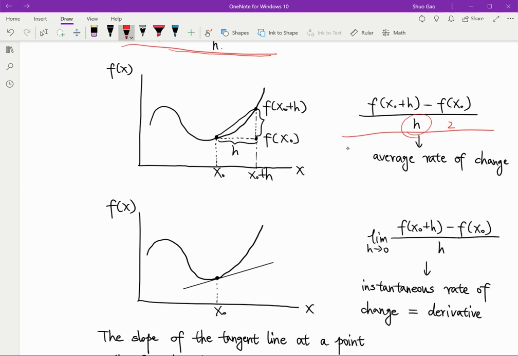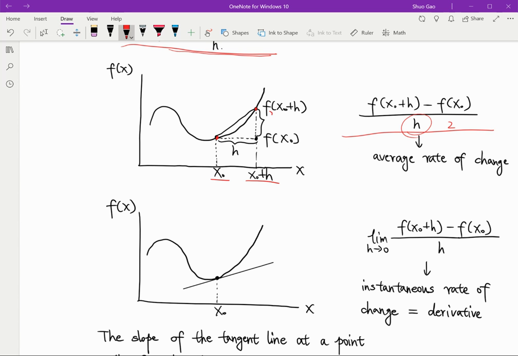So when h equals 2, for example, suppose we want to find the average rate of change of the function from x0 to x0 plus h. The way we do this is to first calculate f(x0 + h), which is this point, and then calculate f(x0), which is our original point here.